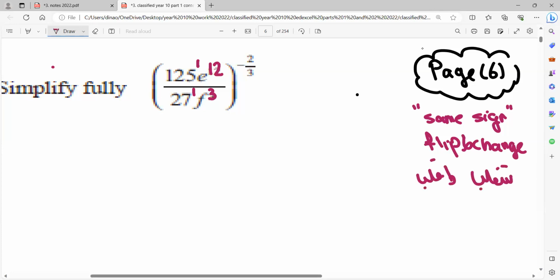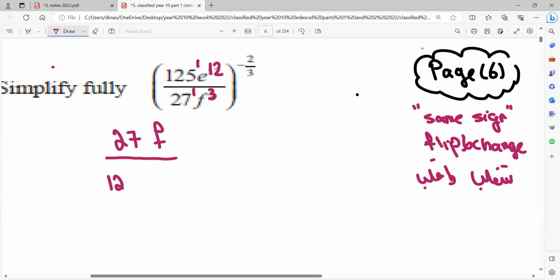So what I do now is that I flip the fraction, and please remember that when you flip the fraction, I'm going to write the letters, the powers, with a different color.